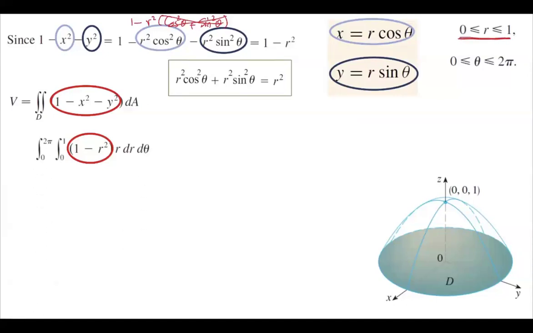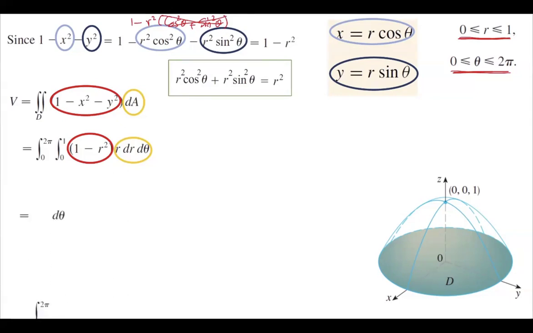And theta is bounded between 0 and 2 pi. Again, be careful when you're writing dA. dA is r dr d theta. Take a look at the proof if you need the short proof or longer version to feel more comfortable about these kinds of proofs.